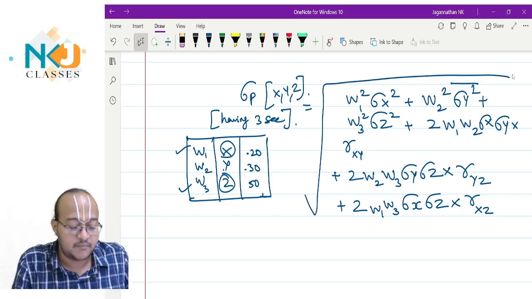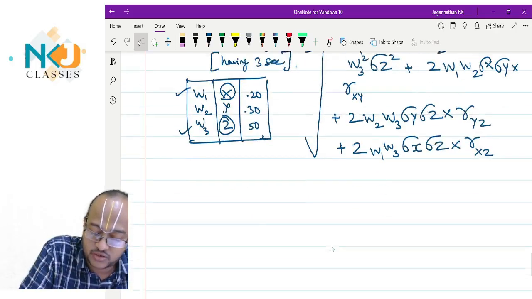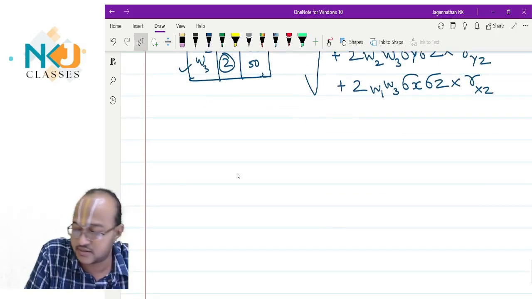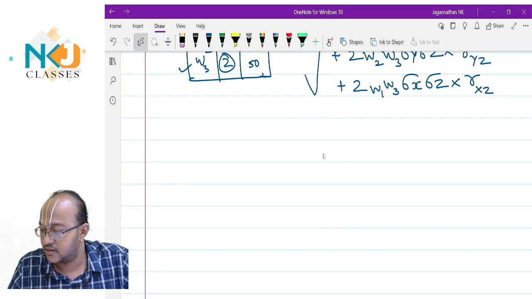With this, can we arrive at a matrix? I will show you in the matrix. Very simple. We have 3 securities in our portfolio. What we will do?